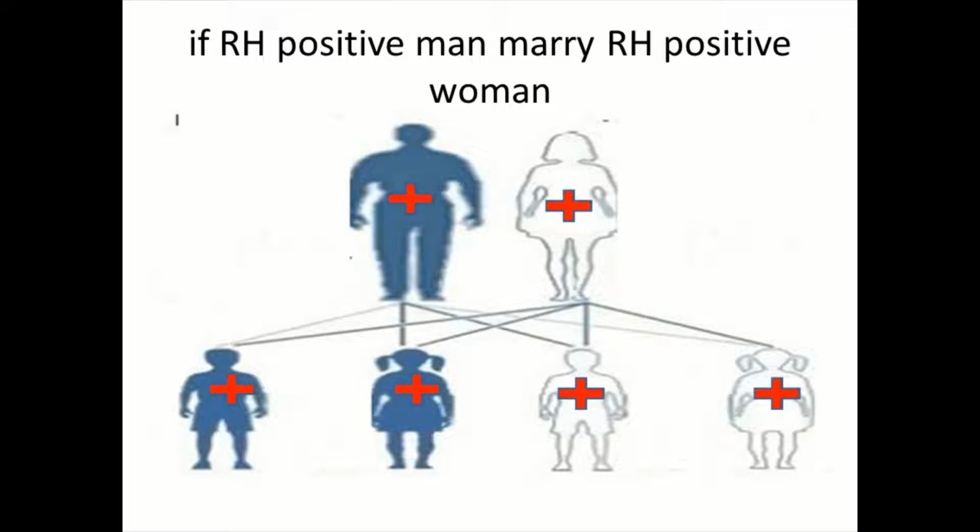If an Rh positive man marries an Rh positive woman, almost all their children will have a positive blood group. Because the mother is Rh positive and all the babies are Rh positive, they are compatible, so there will be no problem for the offspring.